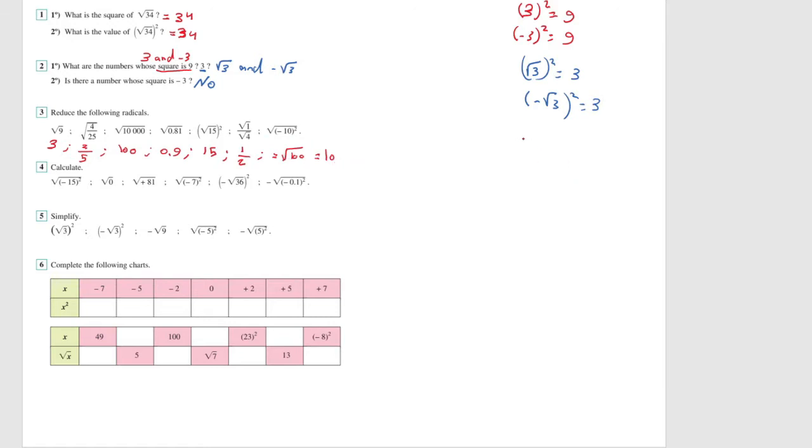Why? Because I have a formula that says radical A all of its square equals A, but this A should be positive.